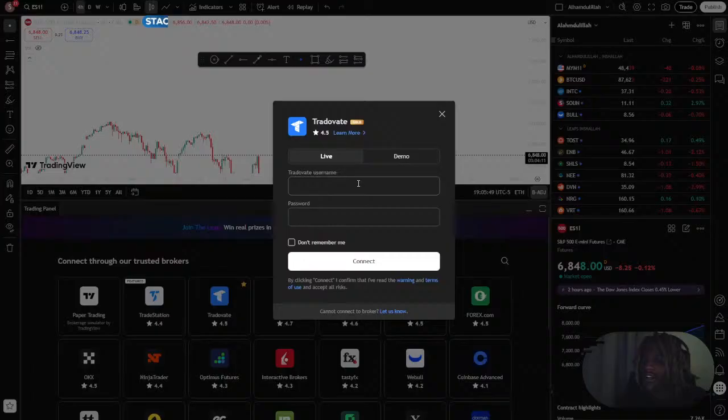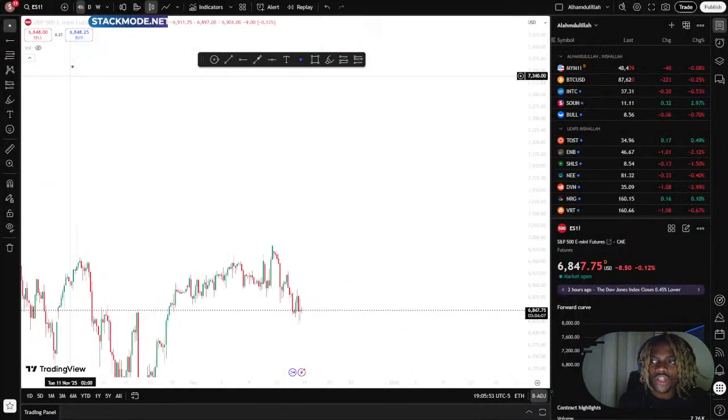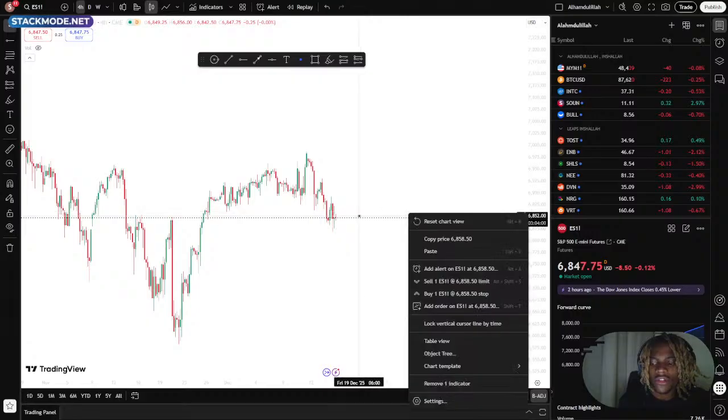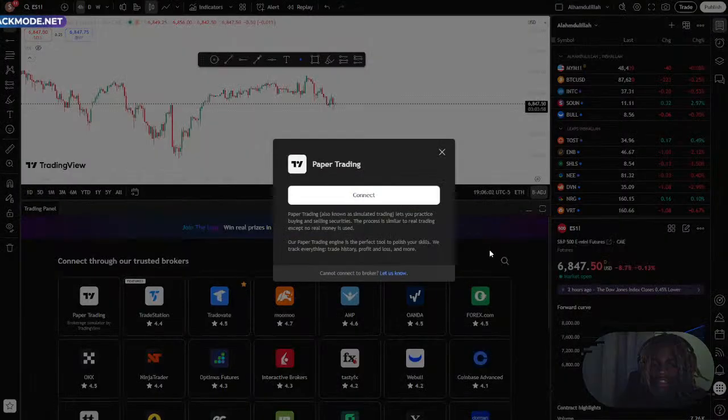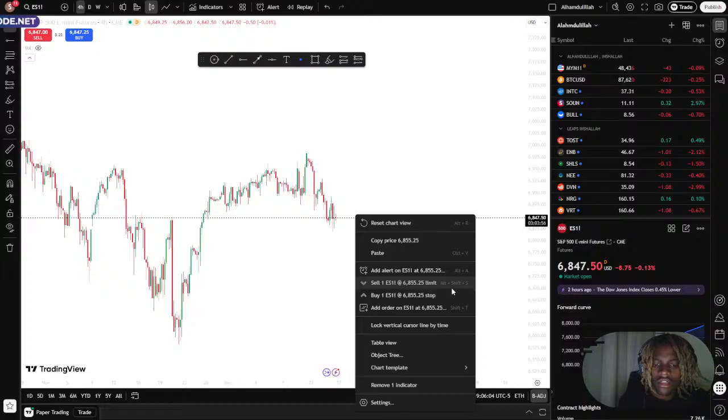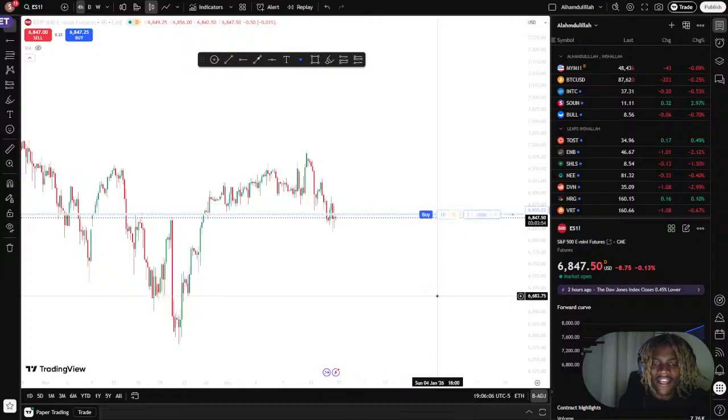Put in your information just like that. You can get straight in. And then from there, whatever you're seeing on TradingView, you could just click either buy or sell. You'll be able to click buy, and when you put down your order, you'll be able to drag your stop loss and your take profit.